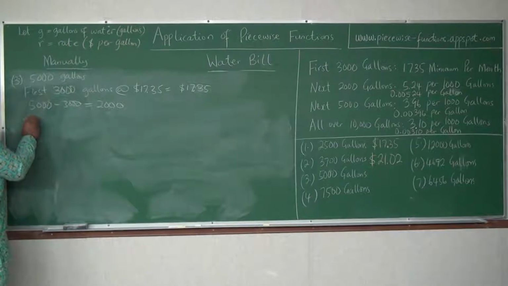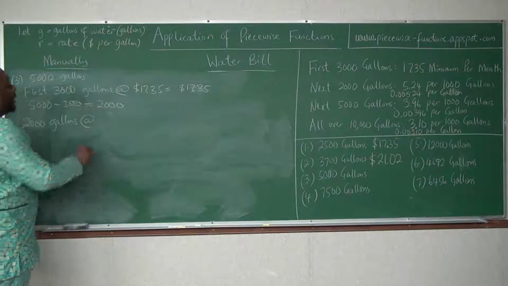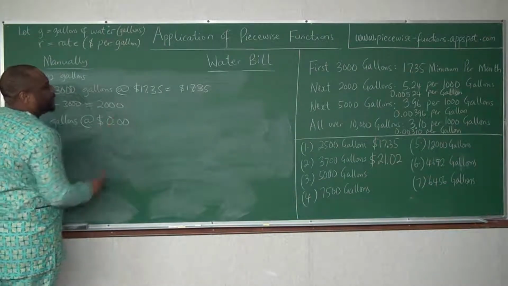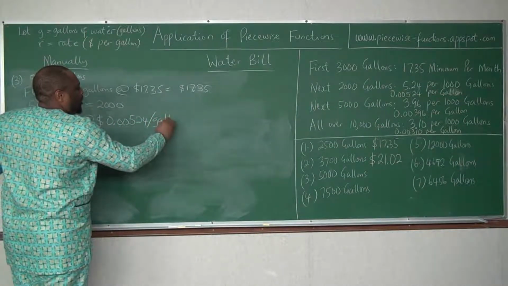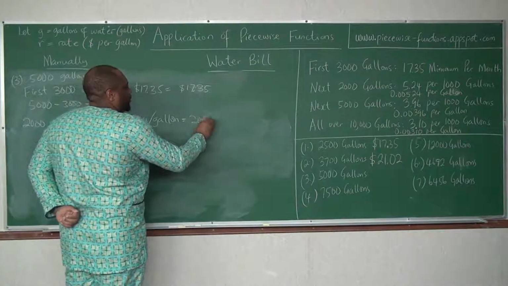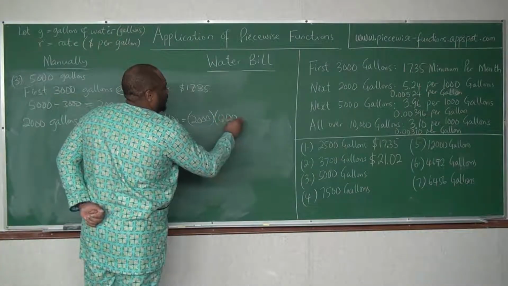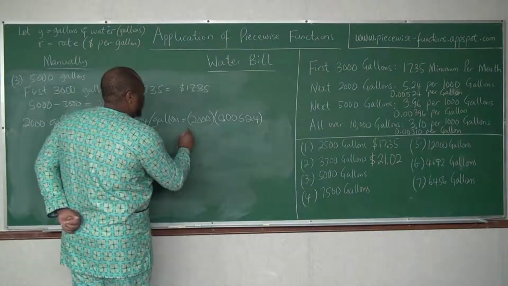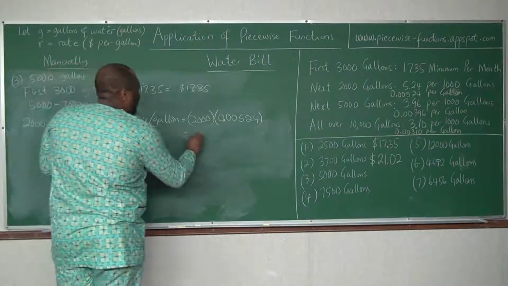So 2,000 gallons at 0.00524 per gallon will give us 2,000 times 0.00524. So what will it give us now? We have 2,000 times 0.00524, and that is $10.48.